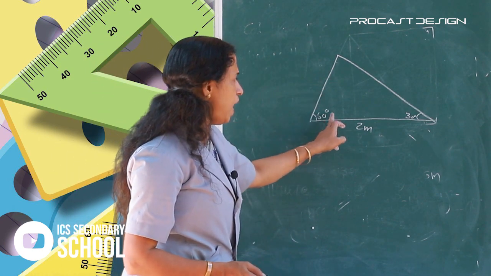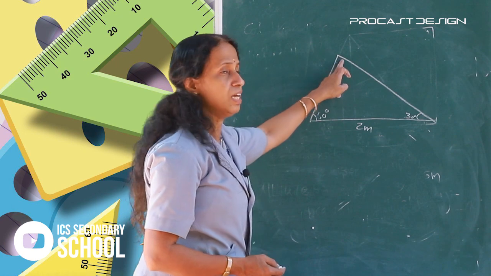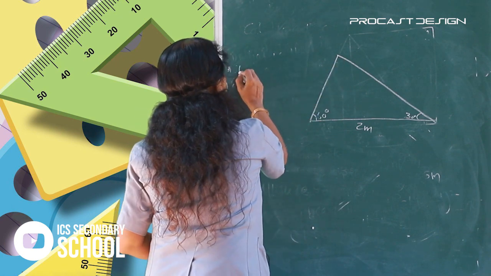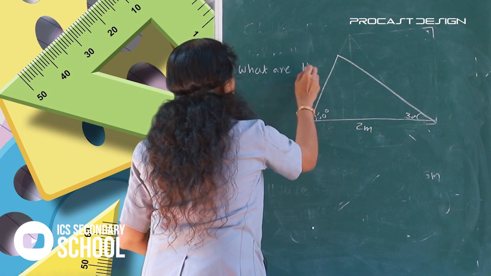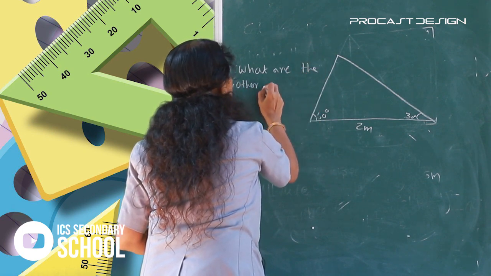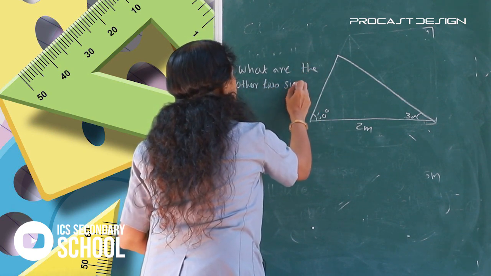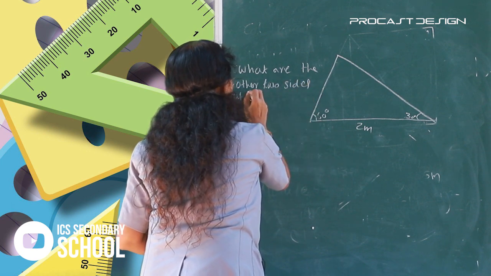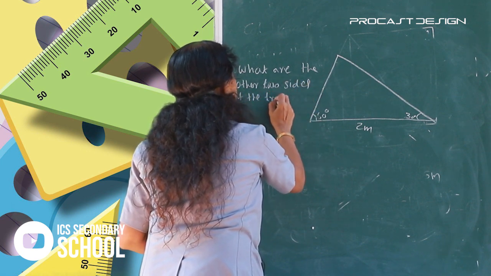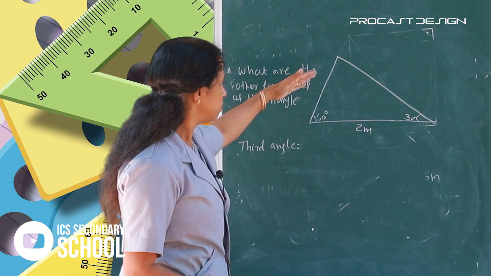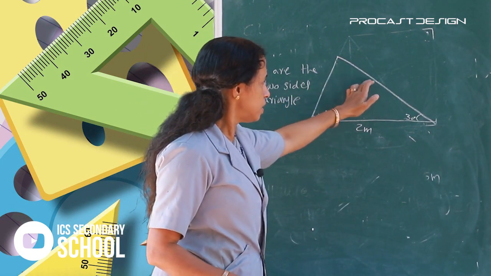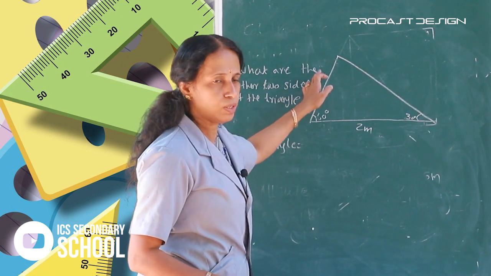Here the angles are 30 degree and 60 degree. What is the third angle? This triangle is half of an equilateral triangle.